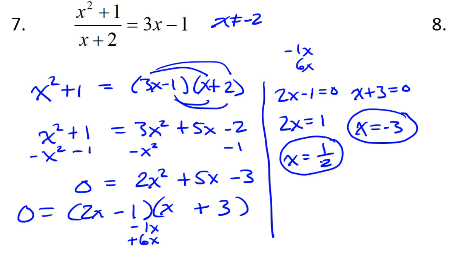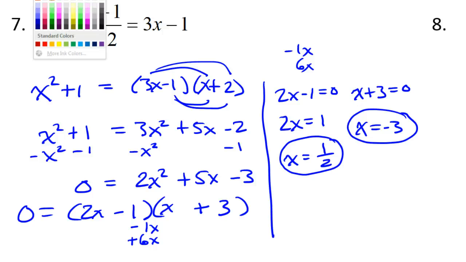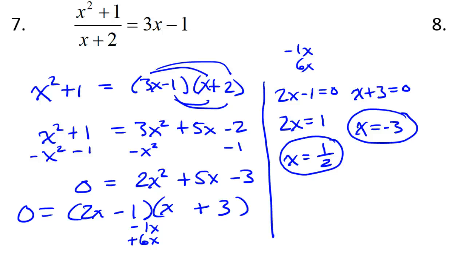Now, let's check our TI-84 and see how to solve it graphically. If I want to solve this graphically, I need to make equations to graph by setting the left side equal to y.